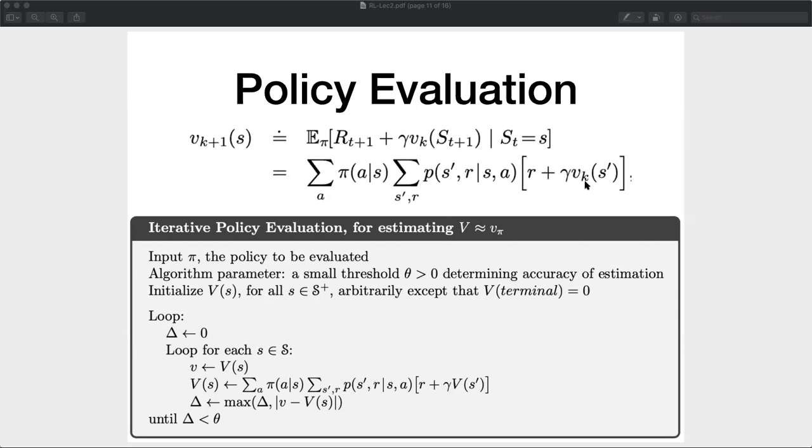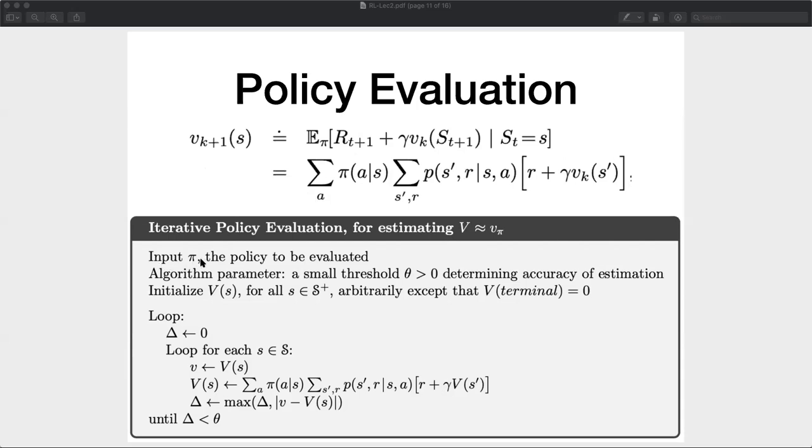But here we're using your current estimate of the value function. So the new value function is going to be some function of your current estimate. So this is how you update the value function.